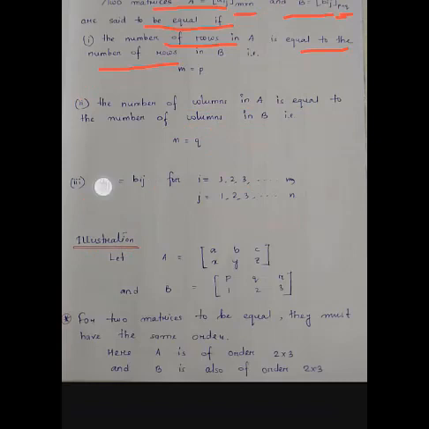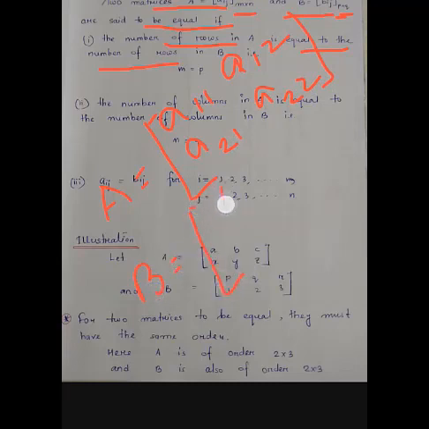Suppose A has elements A11, A12, A21, A22, and matrix B has elements B11, B12, B21 and B22. For these two matrices to be equal, the second condition to be fulfilled is what?